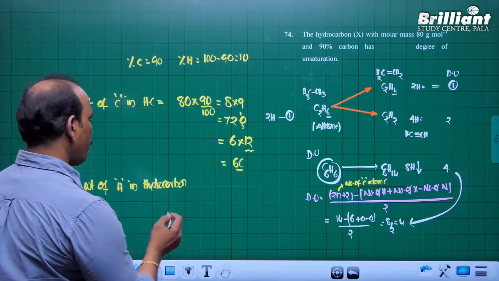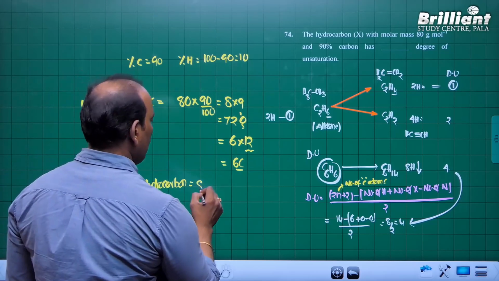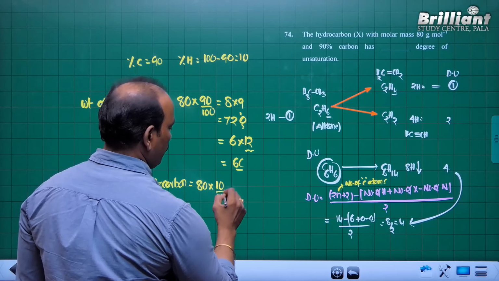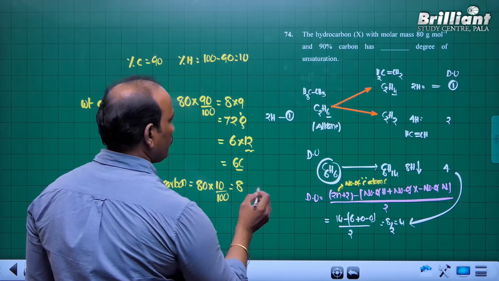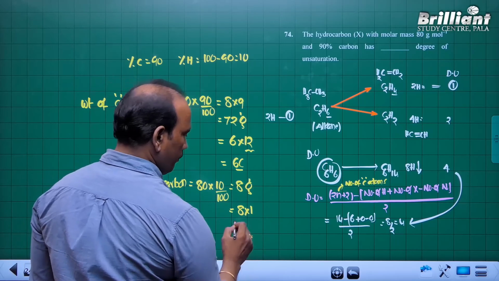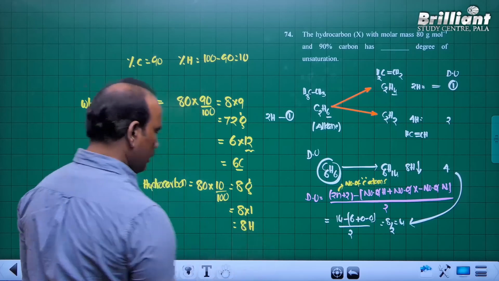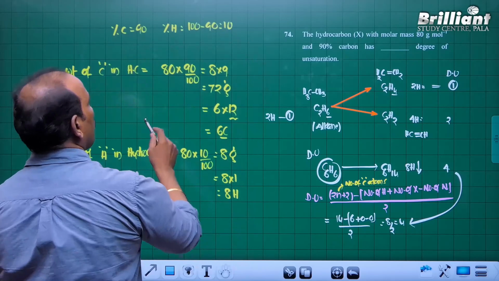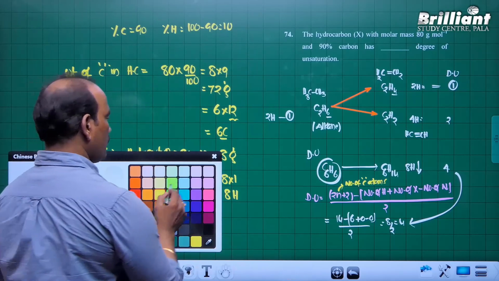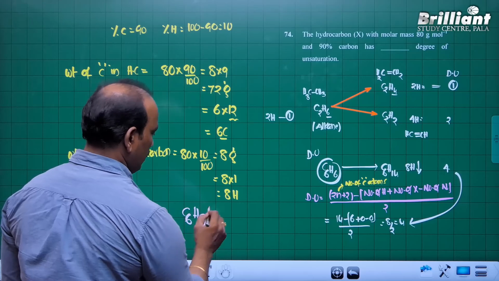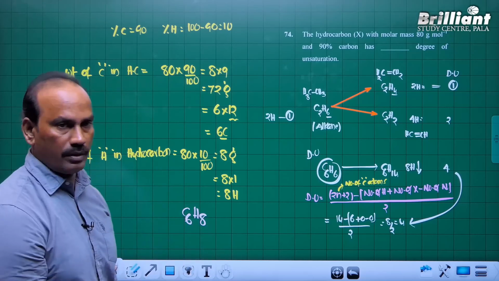Therefore 80 into 10 by 100 is 8 grams. 8 grams means 8 into 1, so 8 hydrogens are there. So what is the organic compound? That is C6H8.